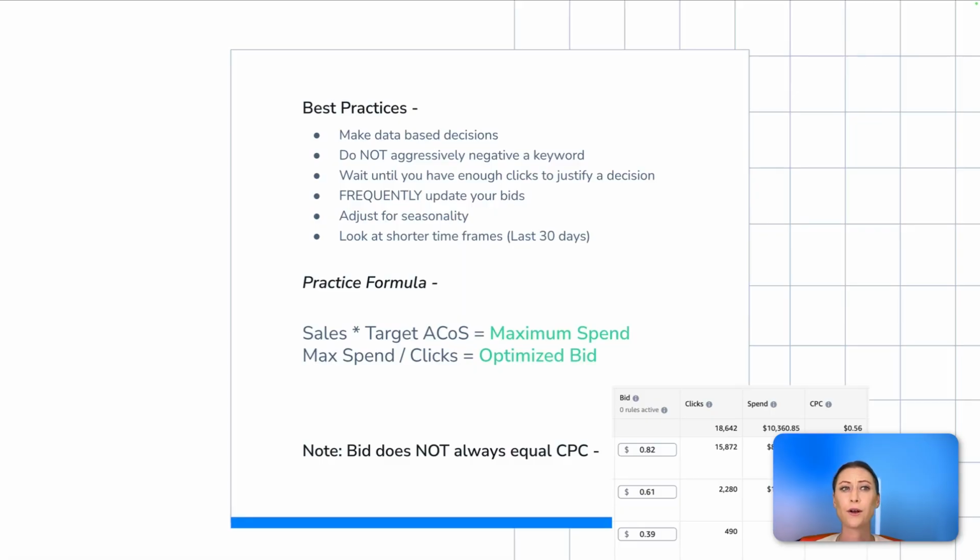The next thing is to frequently update your bids. The market is constantly changing. Your product's constantly changing. Now, you may not be actually changing your product, but you're probably adjusting your price. You're probably getting more reviews. Your competitor may be increasing their price. All of those things are going to change whether or not someone buys your product.